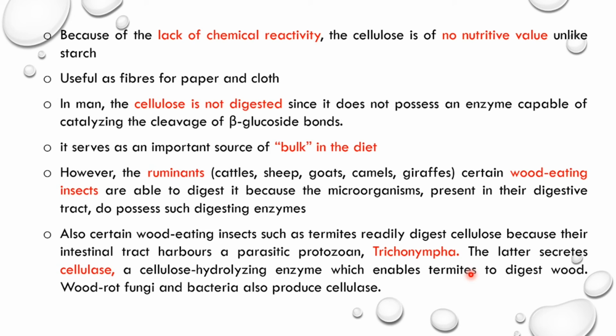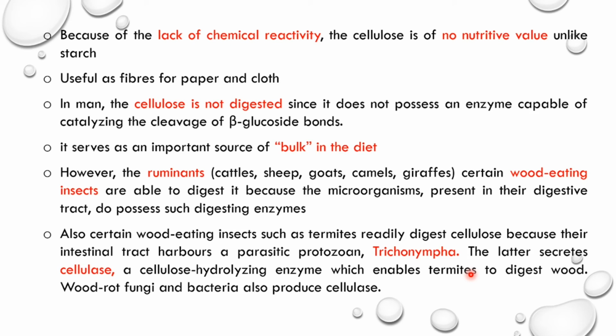Alpha glycosidic enzymes do not act on beta glycosidic bonds. So man, without the enzyme which hydrolyzes cellulose, cannot digest cellulose. It serves as an important source of bulk in the diet.